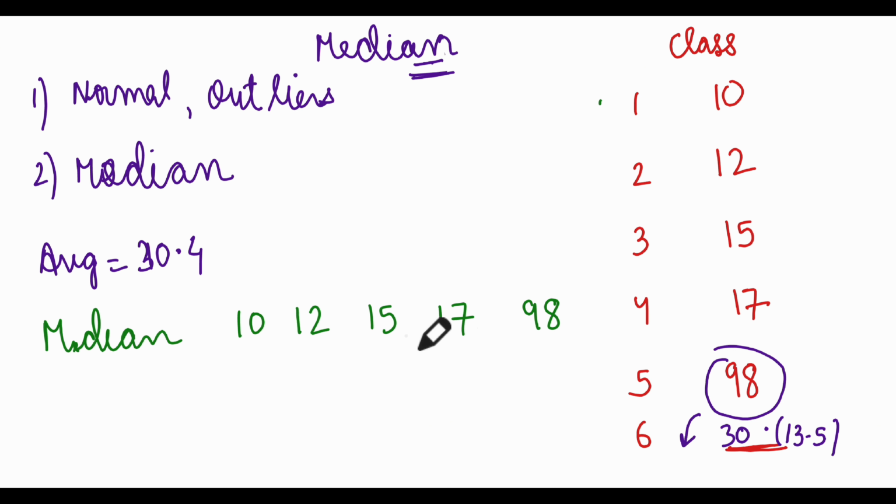So you put them in ascending order. Now, if you know median, median says pick the middle value in this list. The middle value in this list is 15. So you say that the median of this particular list is 15.